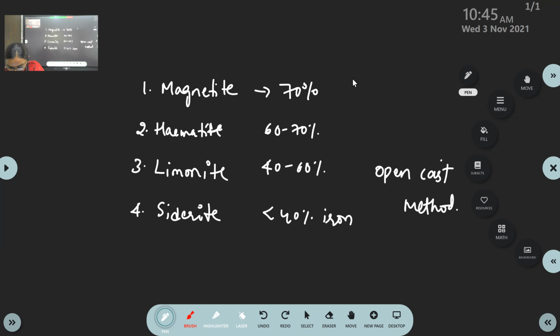Limestone also contains small quantities of silica, iron oxides, phosphorus, and sulfur.